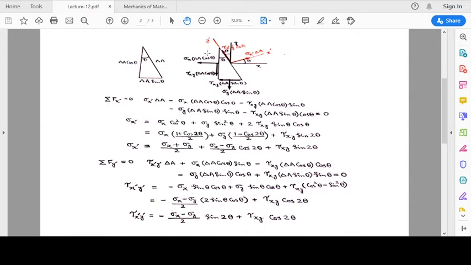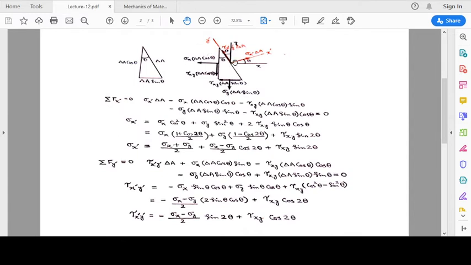Now, since in the free body diagram, when we apply the equilibrium equations, we are not talking of stresses, we are talking of forces, we need to convert all these stresses to forces. So we are going to multiply each stress with the area over which it is acting.